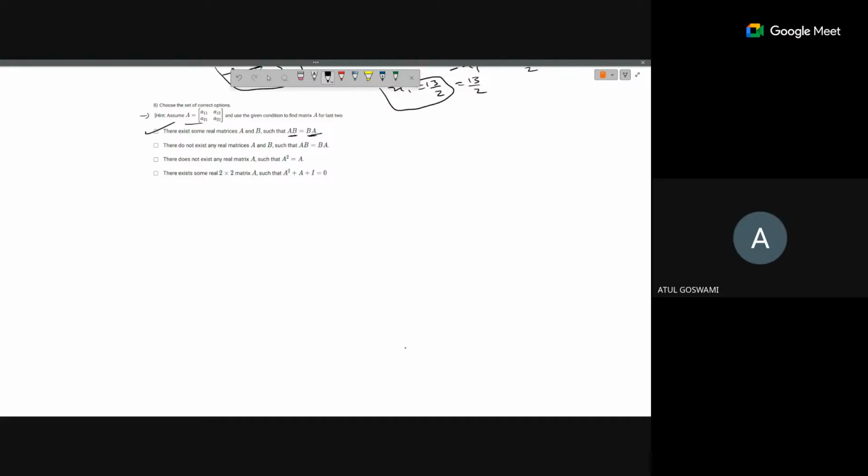And there do not exist any real matrix A and B such that this is wrong. There does not exist a real matrix A such that A square equals A. There exists, right? Yes, sir.